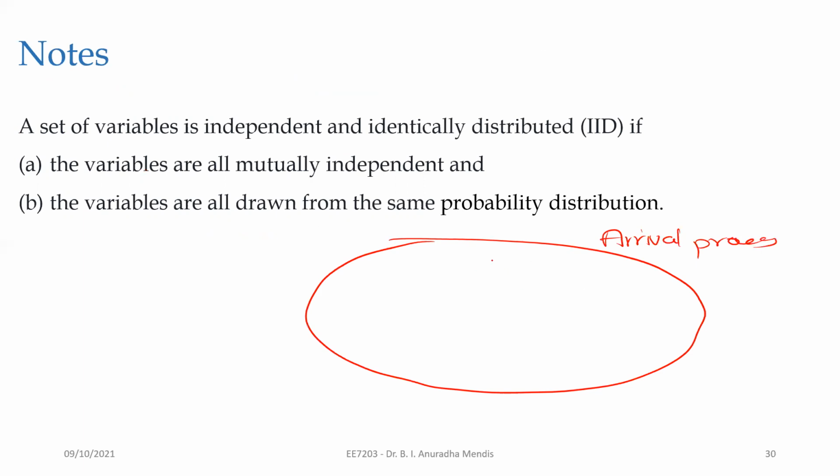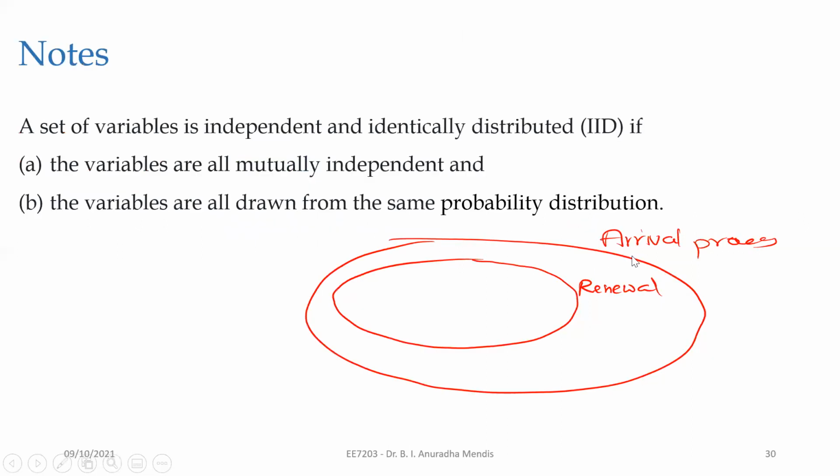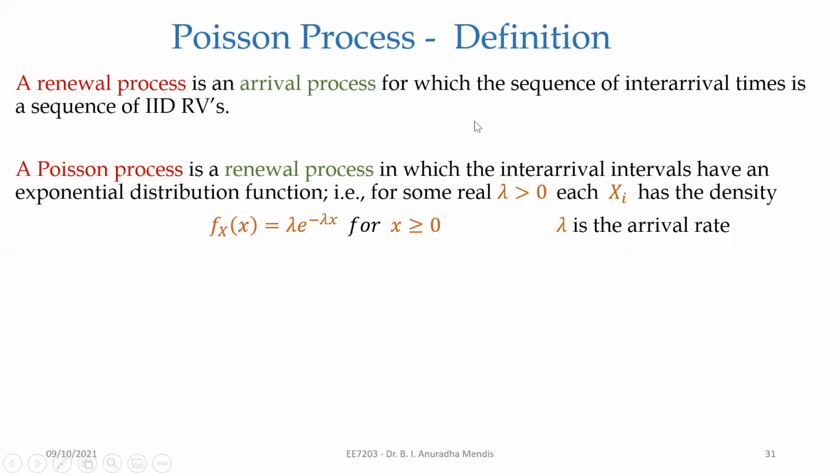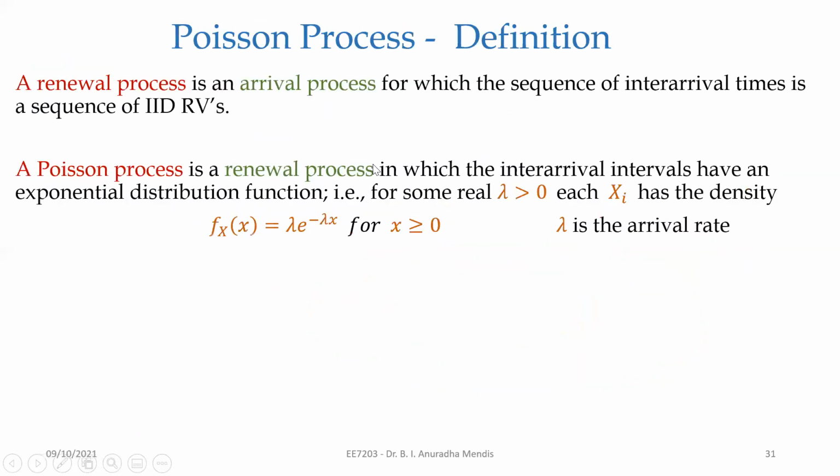Inside arrival processes we have a subdomain we call renewal processes. Why can't renewal processes be the same as arrival processes? Because this is a particular type of arrival process where the interarrival times, that means X1, X2, is a sequence of independent and identically distributed random variables.